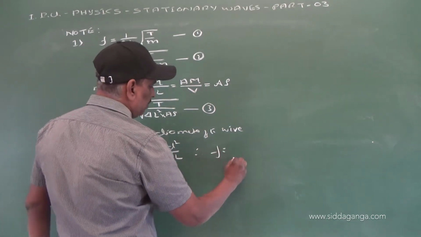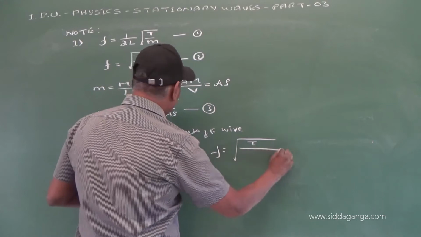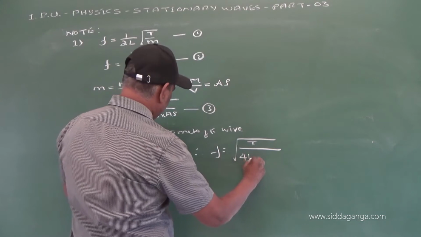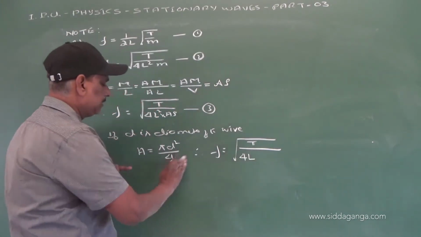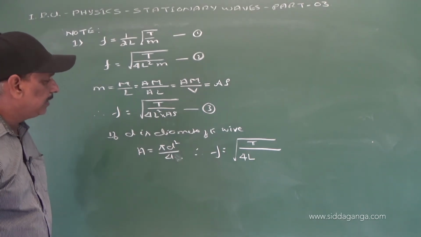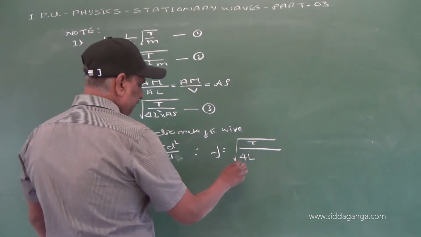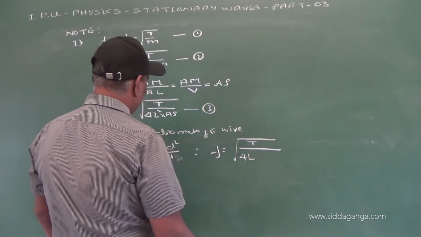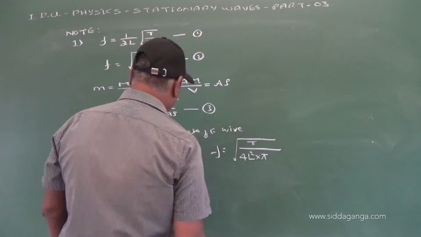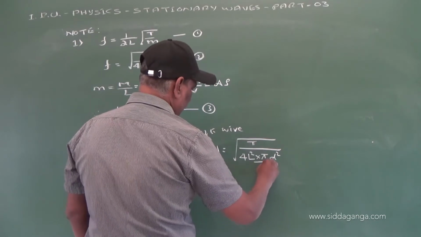Therefore, F is equal to square root of T divided by 4L square into pi D square by 4.